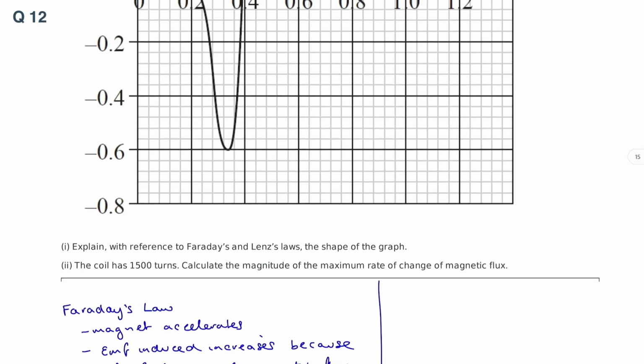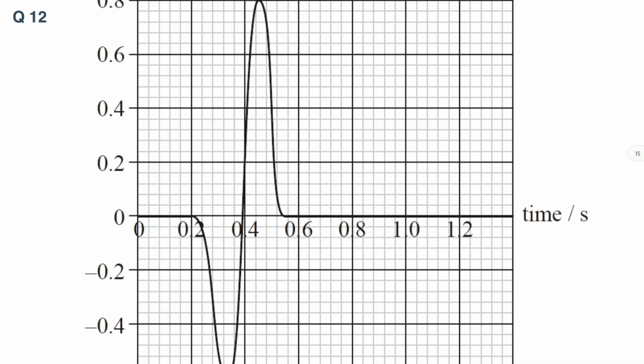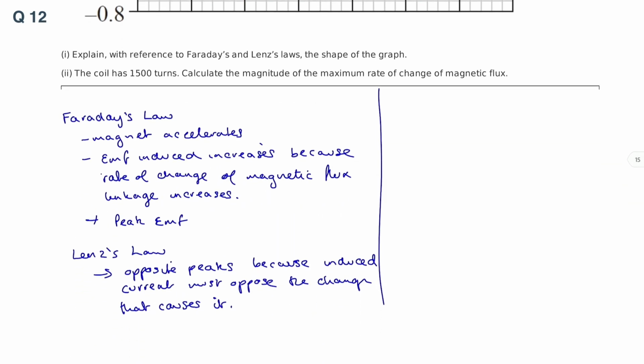We could say that the second peak is greater than the first peak because the magnet accelerates.